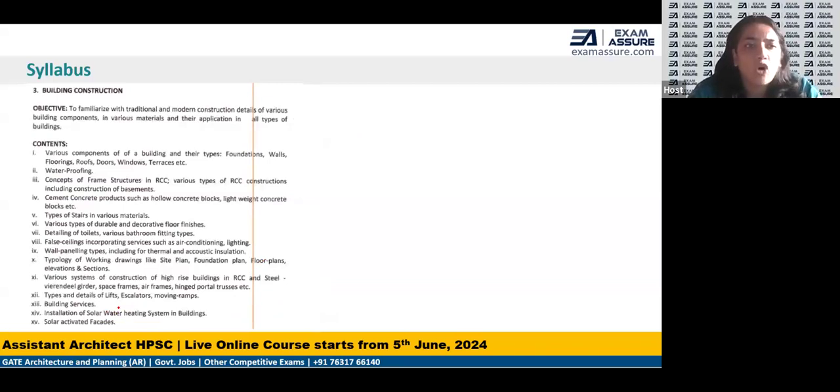Then for building construction, right from all types of components of a building, from foundation to walls to flooring, roof, door, window, etc., to waterproofing, cement concrete products, what they are and how they are made, toilet details, plus your services also, your air conditioning, lighting, working drawing for site plan, foundation plan, floor plans, etc. All of these, solar system, solar water heater system.